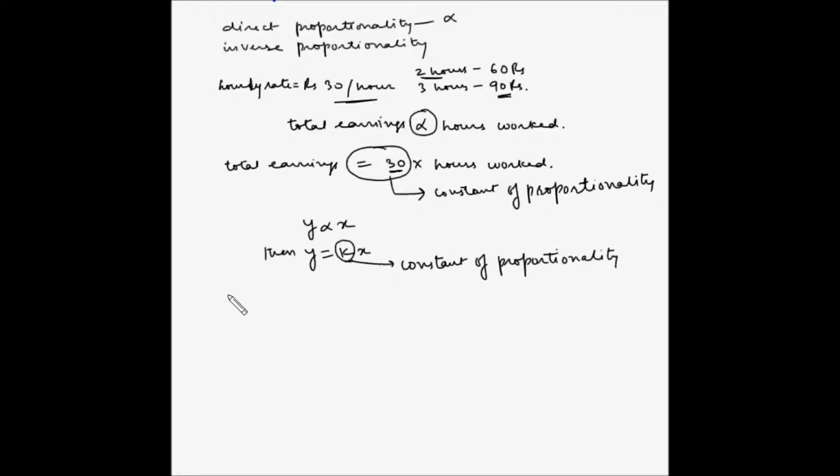So if you took a train, you may take more time than if you took a plane, because plane travels faster than the train. So we can say that speed is inversely proportional to time.